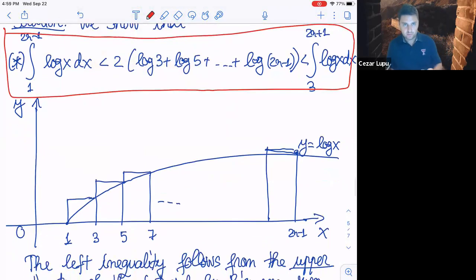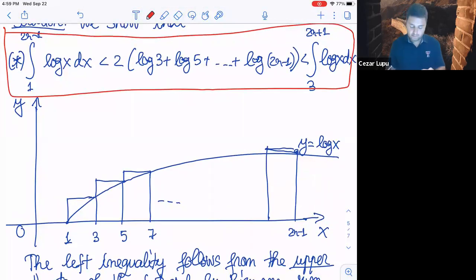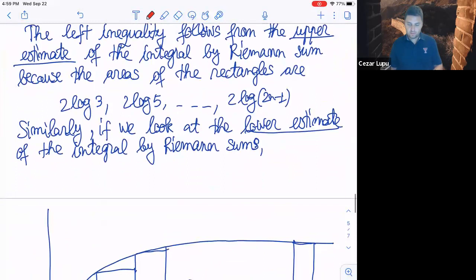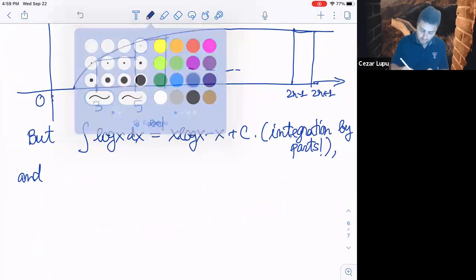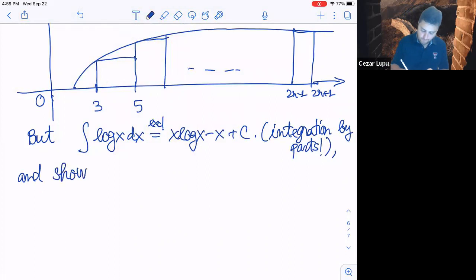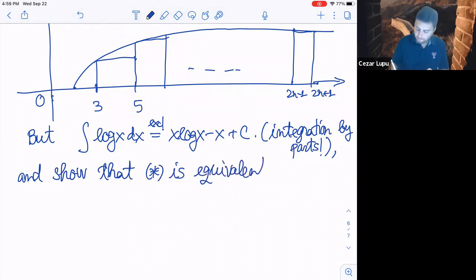So once we integrate this, we obtain the conclusion. Let's do some computations here. In fact, I would leave it to you to show that star is equivalent with the conclusion of the problem.